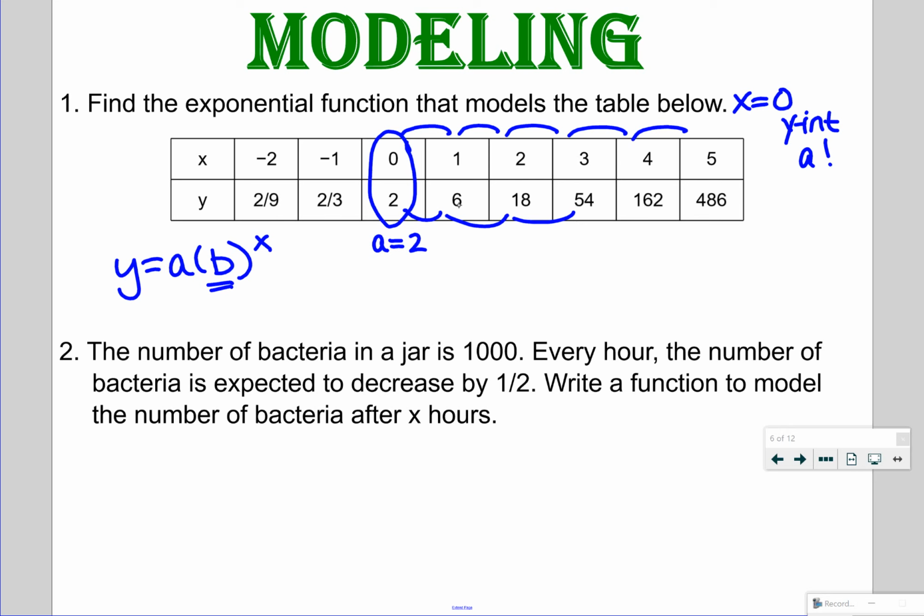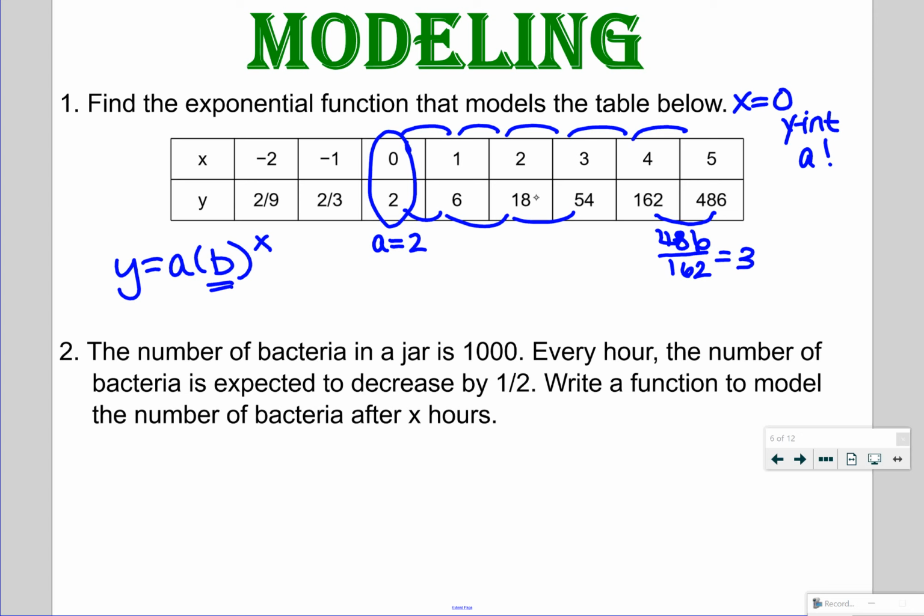So 2 times what gives me 6? It's 3. 6 times what gives me 18? It's 3. 18 times what gives me 54? It's 3. Or you could work backwards. 486 divided by 162 would equal 3.